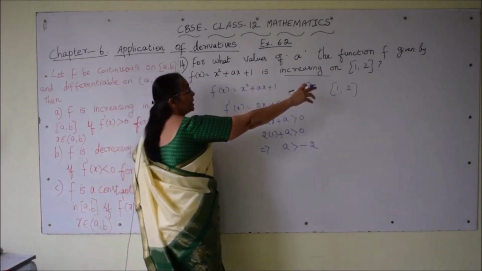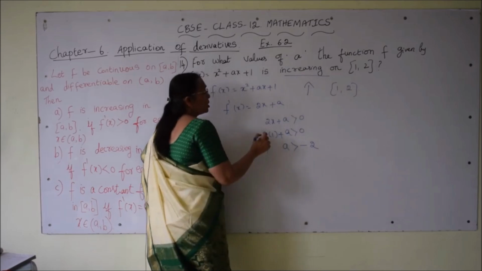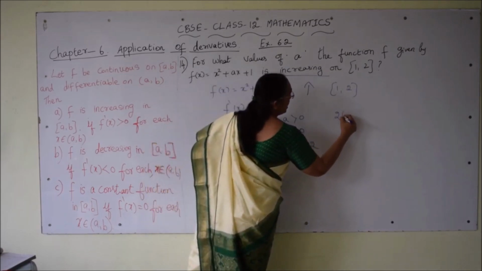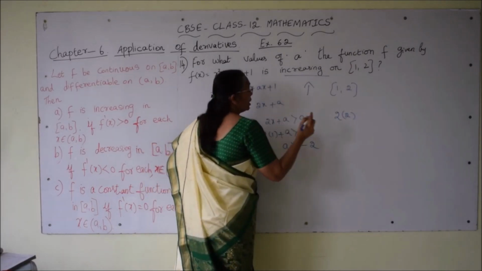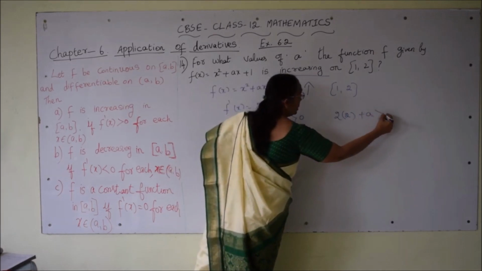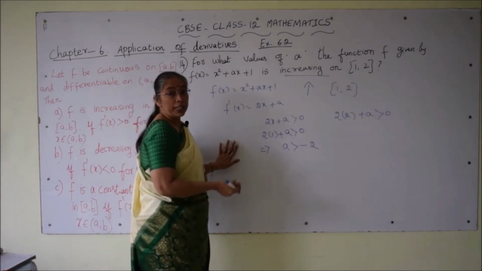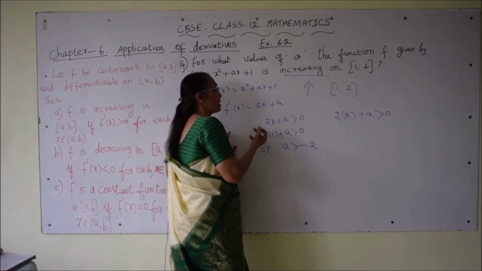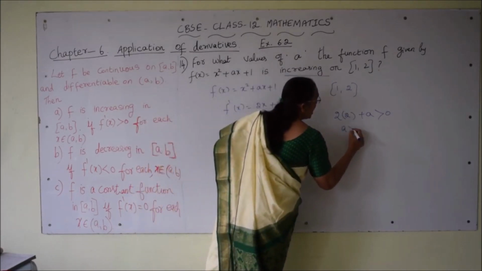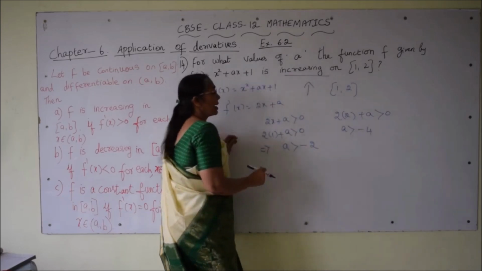Next, the maximum value is 2. When I substitute the maximum value 2 in 2x plus a, in that case also f dash of x must be greater than 0, that is, it should be increasing. So, this gives a is greater than minus 4.